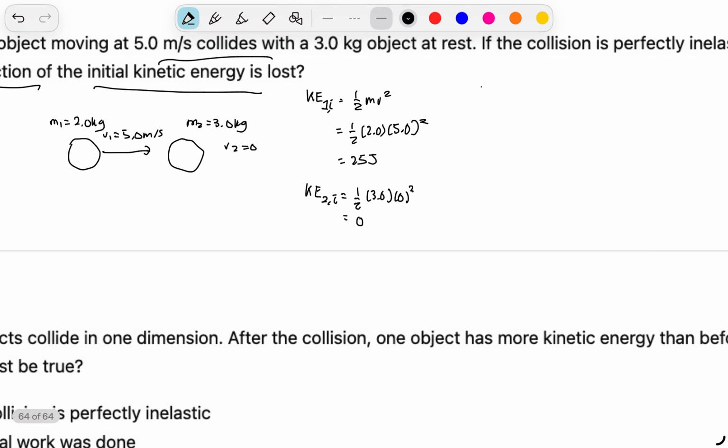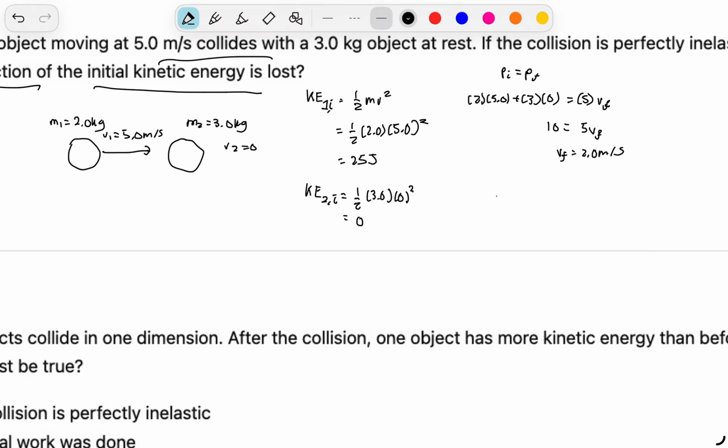So now we can use our conservation of momentum. Your answer is going to be 10 times VF, which is equal to 2.0 meters per second.